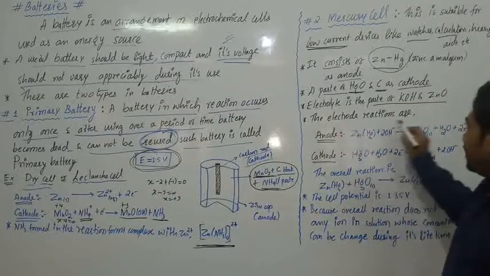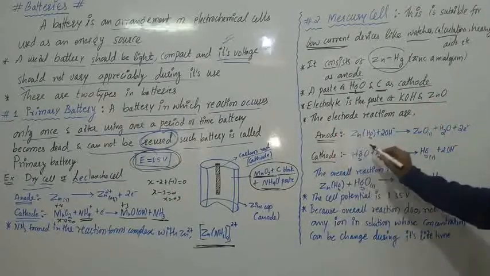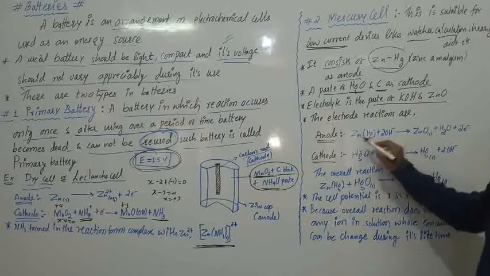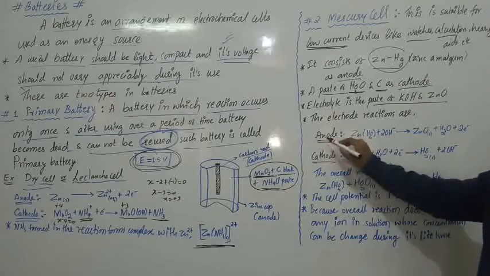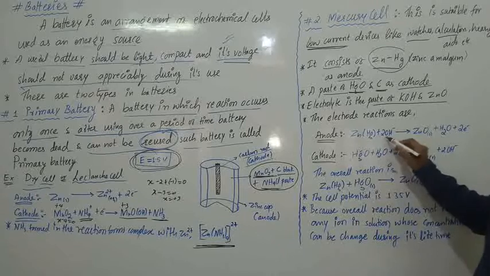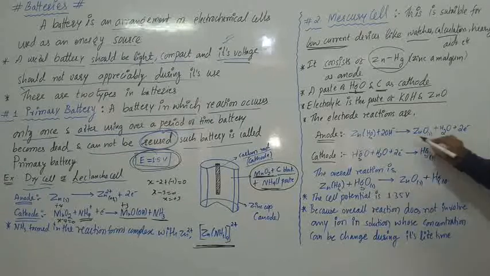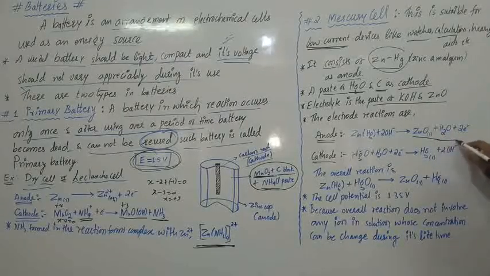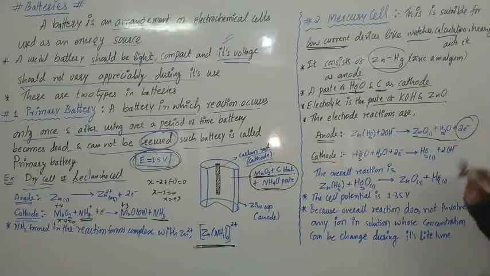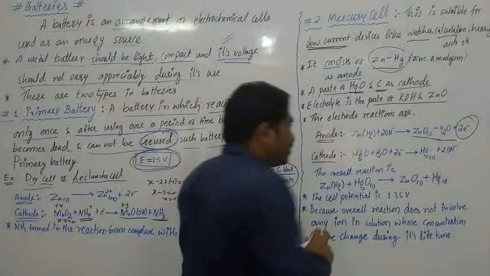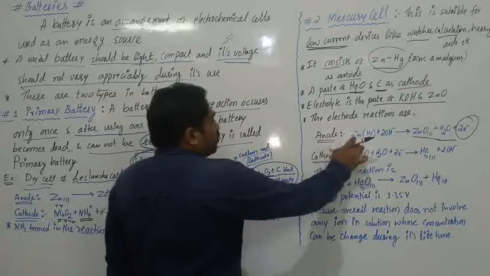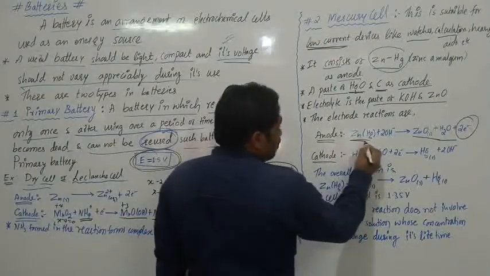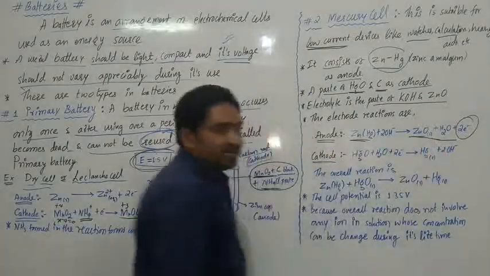The electrode reactions are: at the anode, oxidation takes place. Zinc amalgam reacts with OH minus ions to form zinc oxide and water, and electrons are removed. Zinc amalgam undergoes oxidation to form zinc oxide.